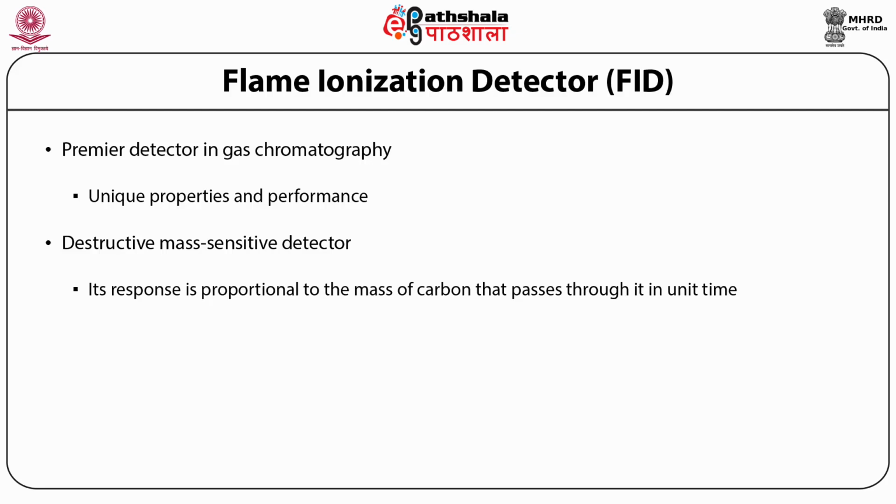In this regard, the flame ionization detector response is stated in terms of picograms of carbon per second, and the detection limits are as low as picogram carbon per second.